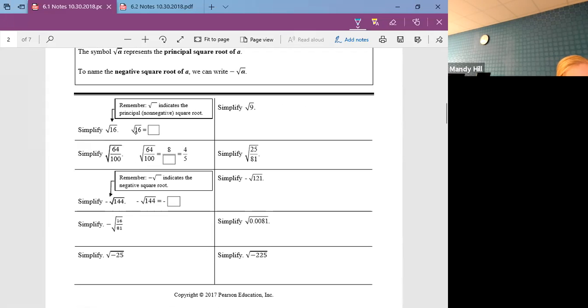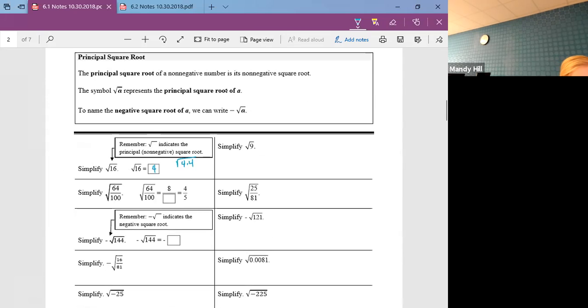Okay, so they're wanting us to simplify this. So the square root of 16 is 4, and we know that because 16 is 4 times 4, so that would be the principal square root. That's what they're talking about up here, that you would just do the positive side of it.